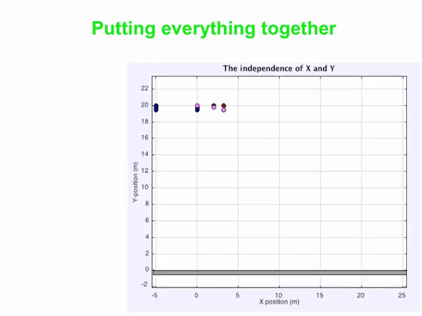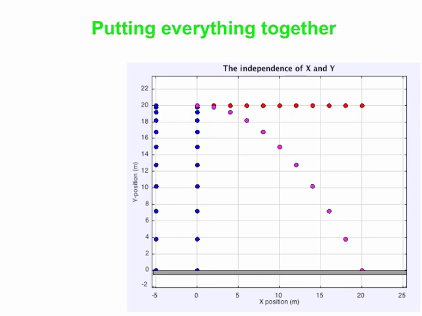Okay, so now we put everything together. We draw the motion diagram of ball 1 and ball 2 side by side, and we're splitting ball 2's motion diagram out into the horizontal and vertical pieces. And what we see is the balls hit the ground at exactly the same time, and that's because what determines how long it takes for the ball to hit the ground is what goes on vertically.